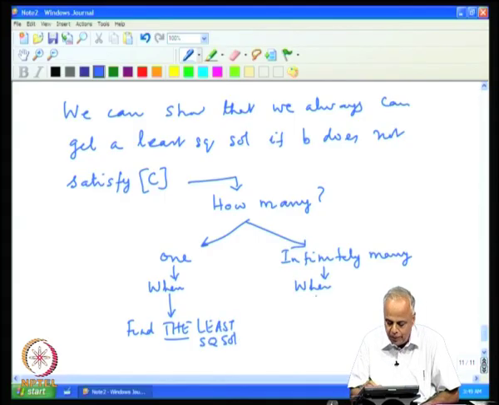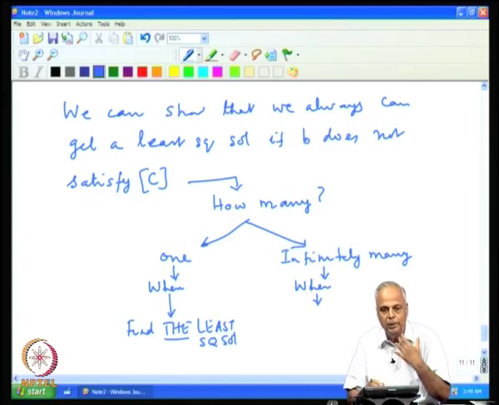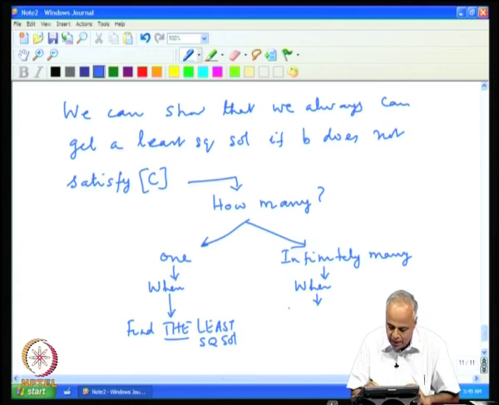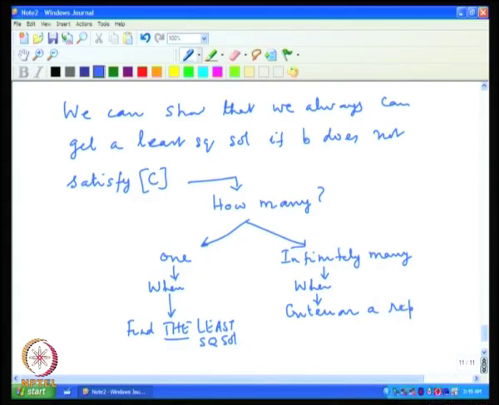In the case of infinitely many solutions, when B satisfied C, we said we want a criterion for choosing a representative. Again, here we would ask for a criterion for a representative, because we have a problem of plenty, we have too many least square solutions, and eventually we have to pick one solution.